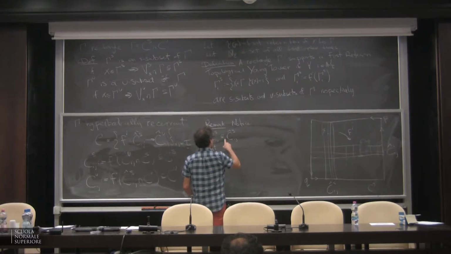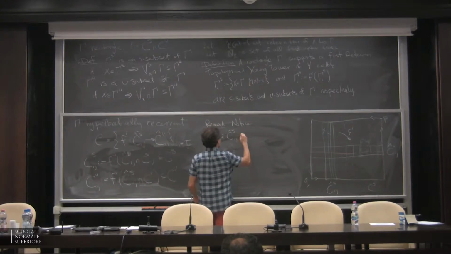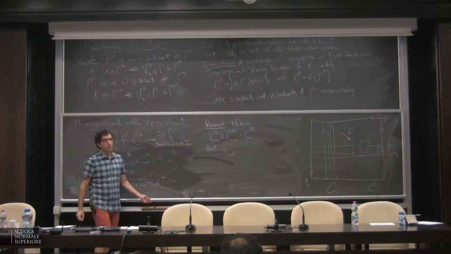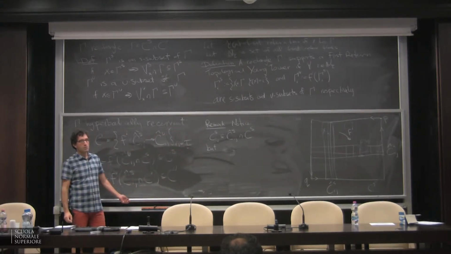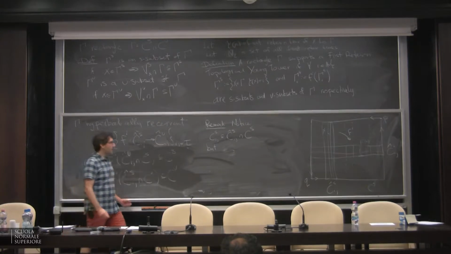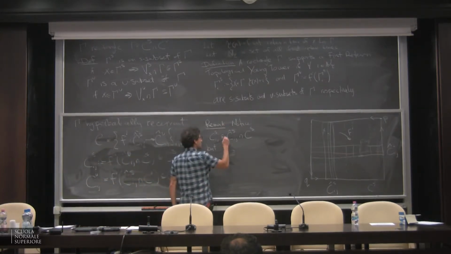So in particular it belongs to C hat S i j intersection C s, because it's a union of stable leaves in there. But in general, it is not equal to this.